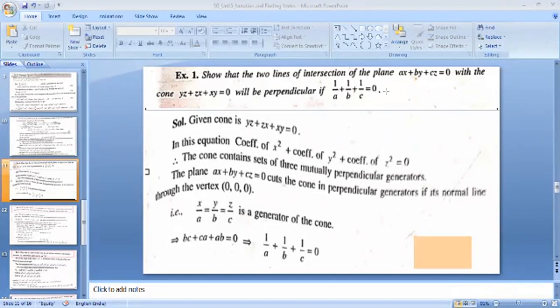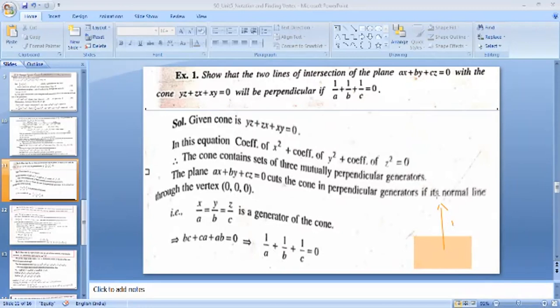What is the equation of the plane? What are the DRs of the normal to the plane?